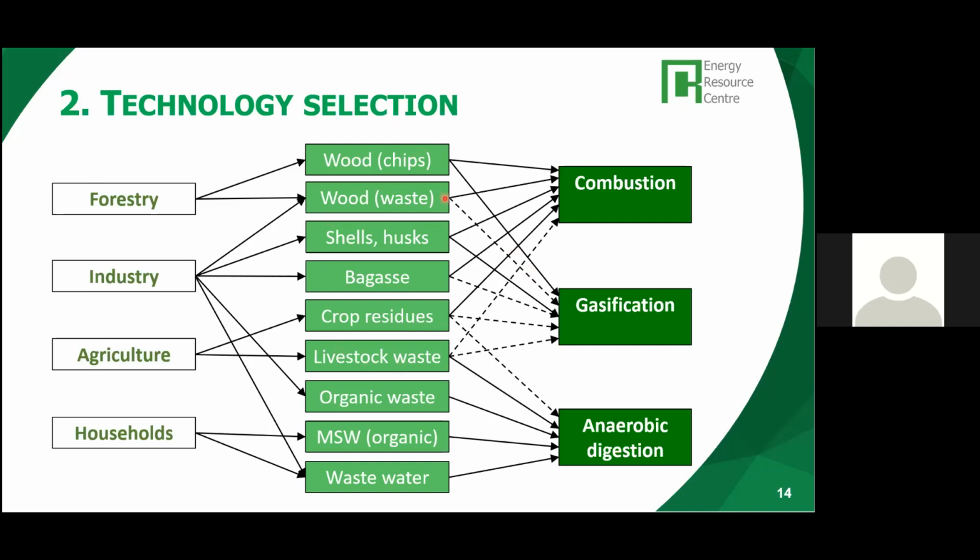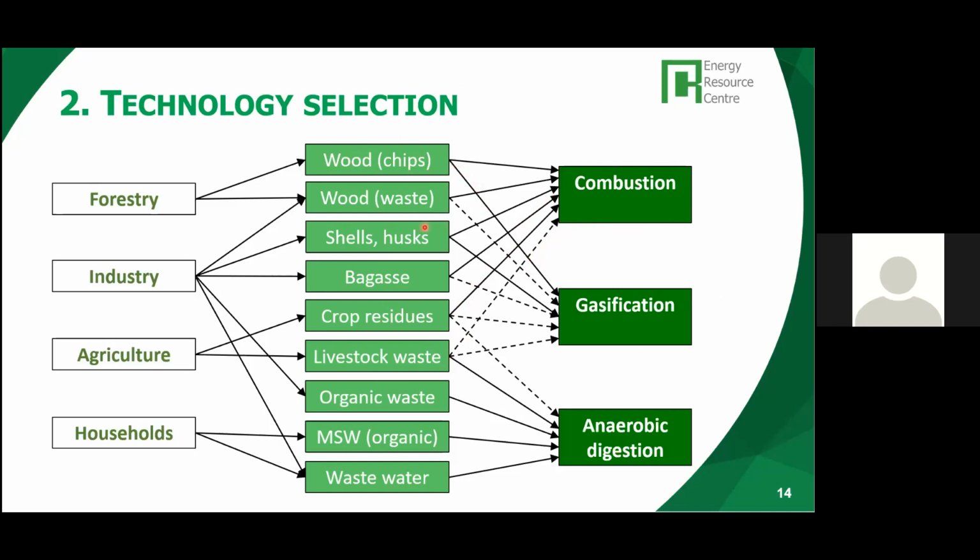Here on the top, you'll find the solid types of biomass, which are all suitable for combustion. You'll also see in some cases that types of livestock waste are combusted, and then we're talking about, for example, chicken dung, which is quite solid and stackable.